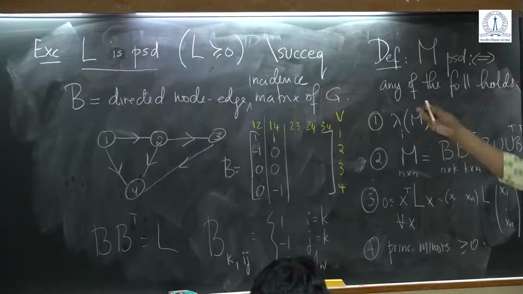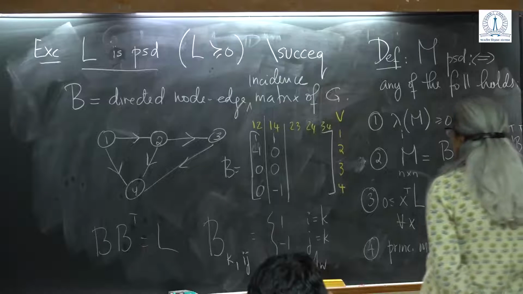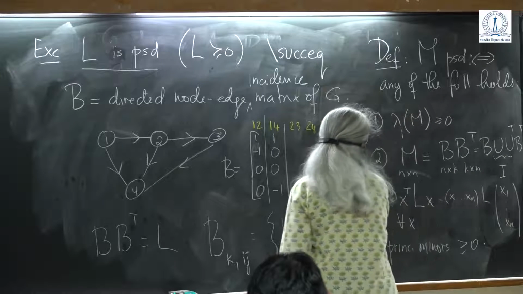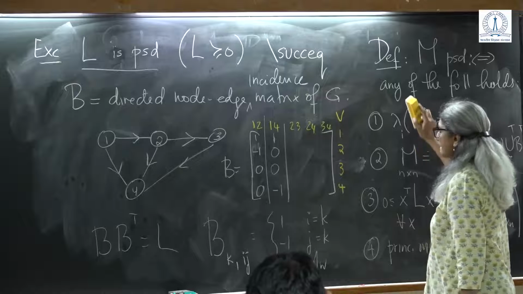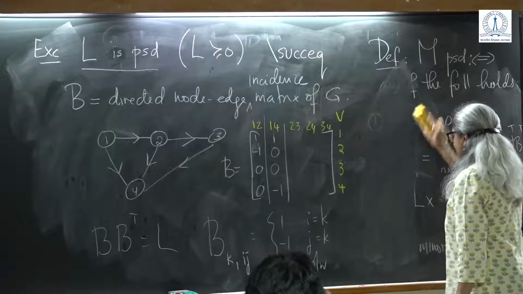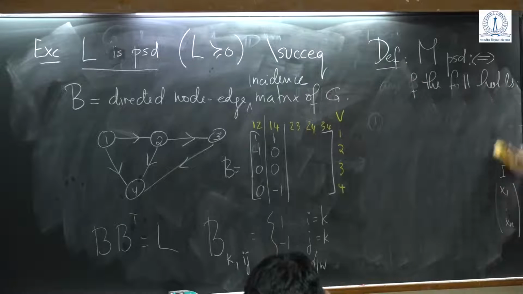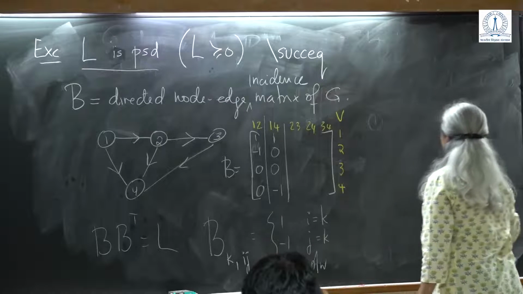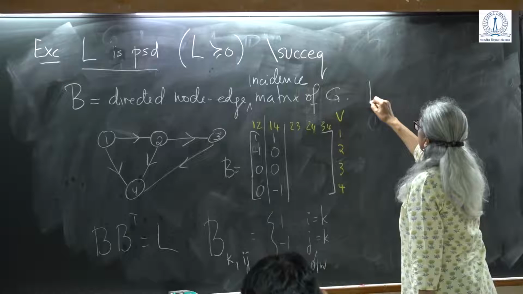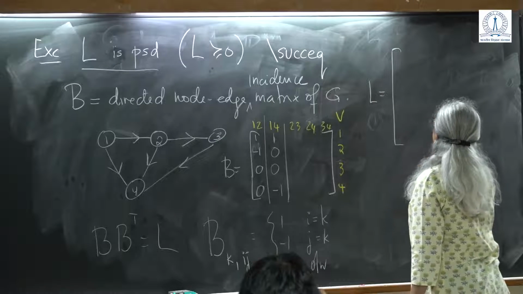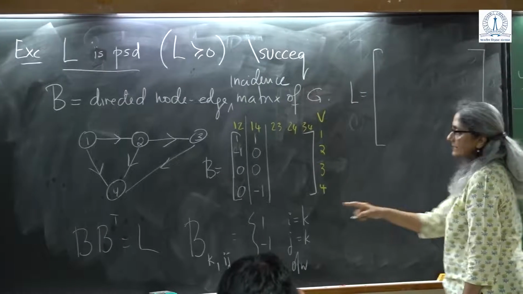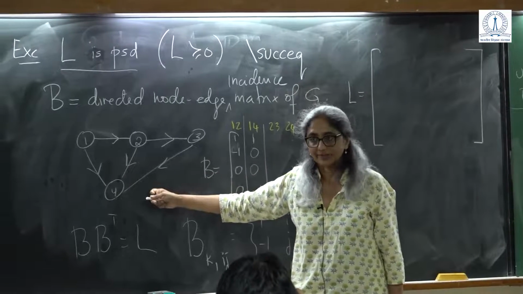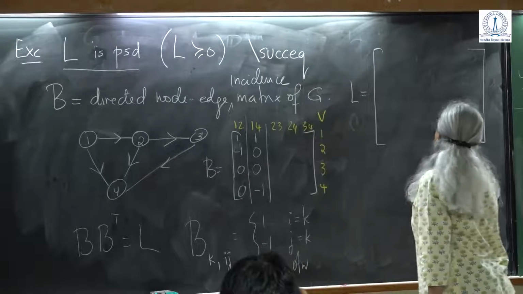At least check a bit of the Laplacian, maybe not everything. So I'll write the Laplacian here, the Laplacian of the undirected version of this graph. That's what I mean, okay?